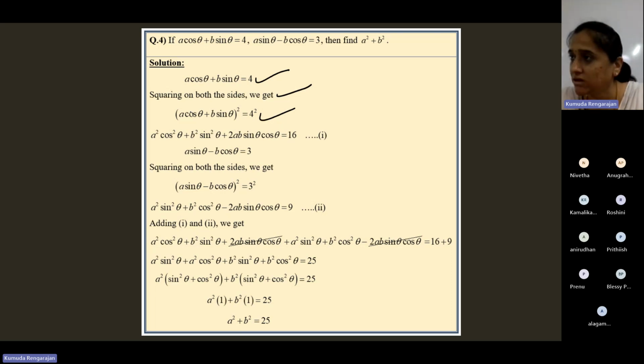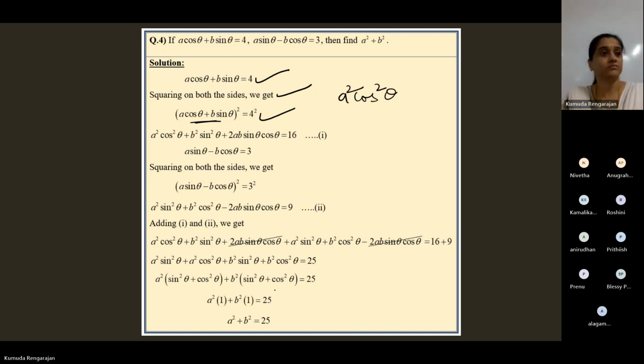We have two terms. Squaring a binomial: it's like x plus y the whole square, which is x squared plus y squared plus 2xy. Not to forget 2xy. And when you square A cos theta, it is not A cos square theta. It is A square cos square theta.